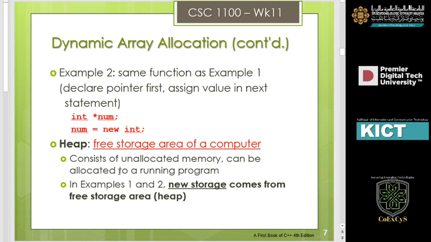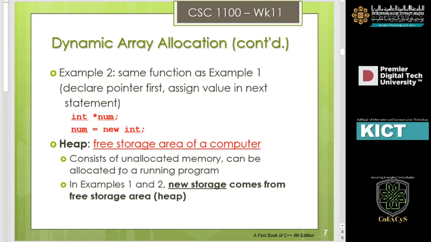Now remember, when we write a program and we compile it, it will create the binary instructions, right? And when we run it, basically we are instructing the computer to allocate certain memories, right?